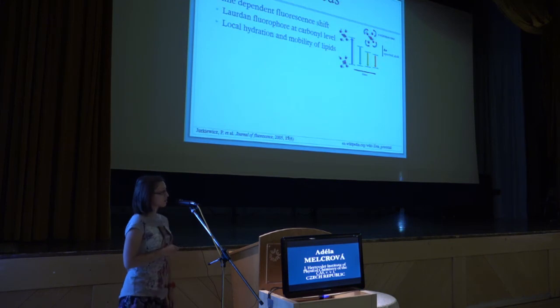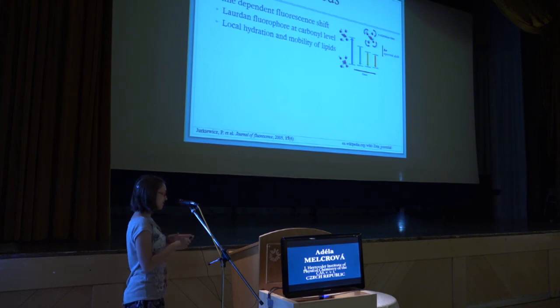We approach these questions by a fluorescence method, which is time-dependent fluorescence shift. It works like this: we have a fluorophore, we use the Laurdan probe, which is located at the carbonyl level of phospholipids. By a laser pulse, we excite the fluorophore to the excited state, and the molecules around, in this case the phospholipid molecules, sense the changed electric dipole moment of the fluorophore, and they reorient themselves to be in more favorable positions for the changed dipole moment.